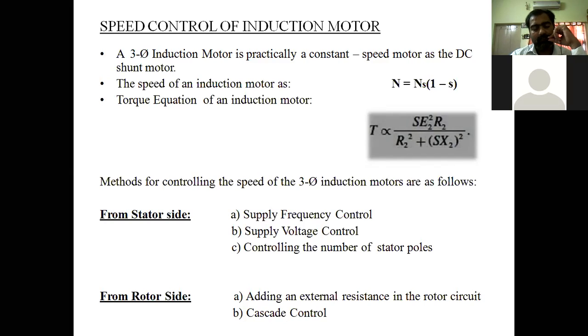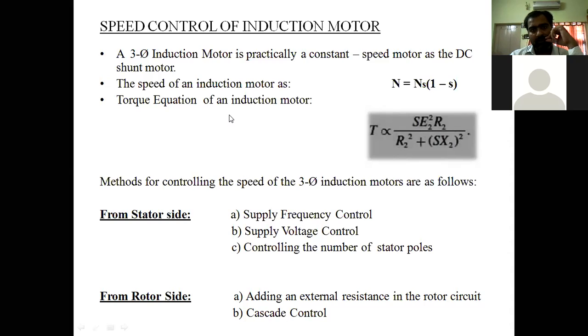At the industrial side, varying the induction motor speed is somewhat difficult because they follow very strict speed characteristics of that machine. So here are some of the equations.